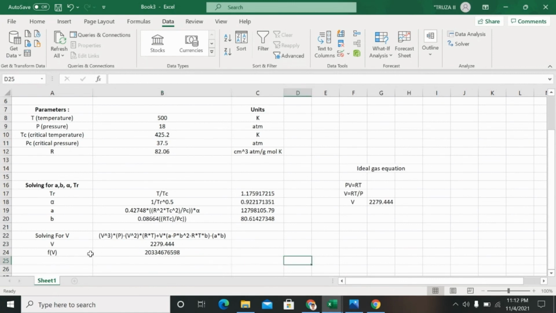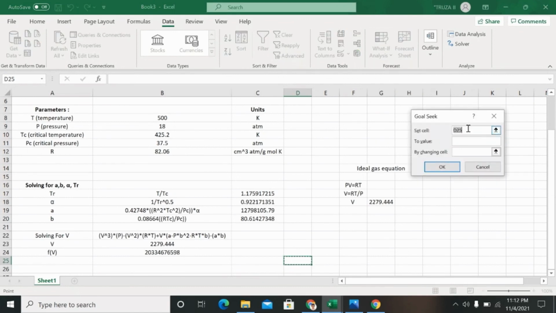So to solve the final specific volume, we use goal seek. To use goal seek, we just go to Data, click What-If Analysis, click Goal Seek, and it is stated here set cell. So we set this one to value 0, so that by changing the value of V, the result here is the final specific volume of N-butane.